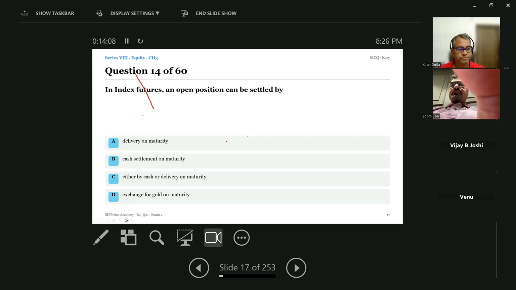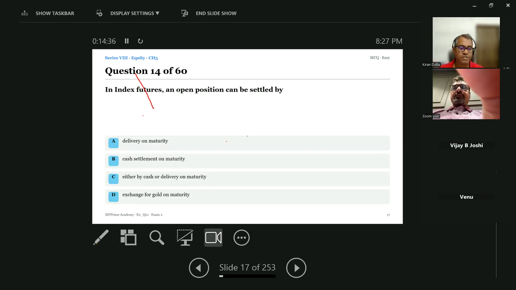Question 14. Open position can be settled. Always remember, most of the positions are actually settled as cash settlements.